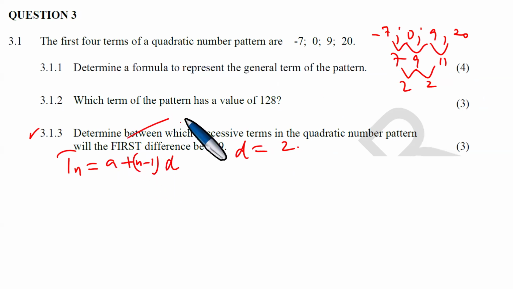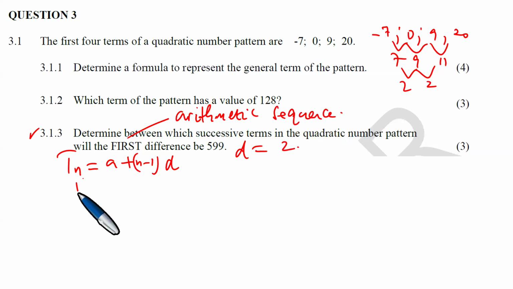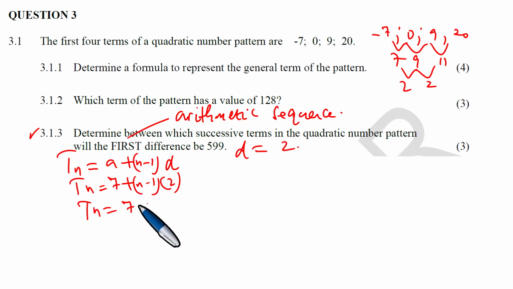The first difference is always from an arithmetic sequence, so Tn equals 7 plus n minus 1, with common difference 2, so Tn equals 7 plus 2n minus 2.